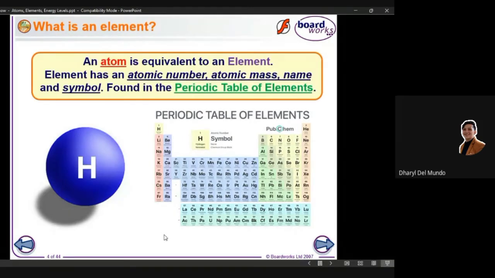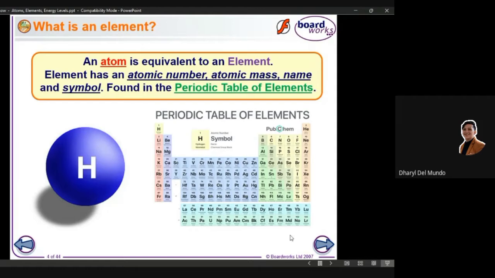So an atom is equivalent to an element. Remember that an element has atomic number, atomic mass, atomic name, and symbol. So ito yung mga makikita natin. These are the things that we can observe in the periodic table. It has atomic number, atomic mass, and atomic name and symbol found in the periodic table of elements.